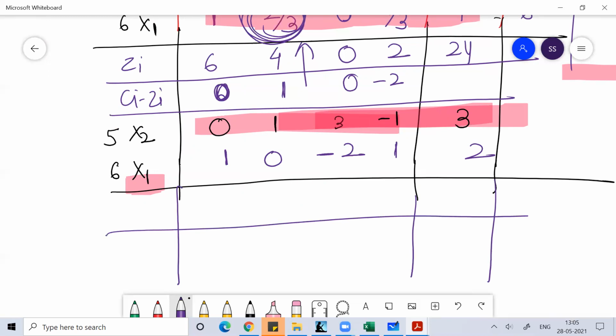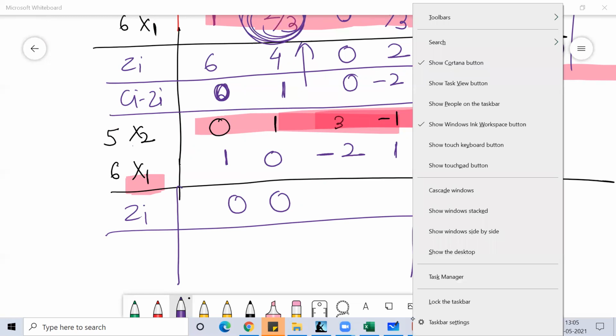Now for this, I'll find the Zj. The Zj value would be 0, 0, then 0, 0. Then this is 15 minus 12, 3.